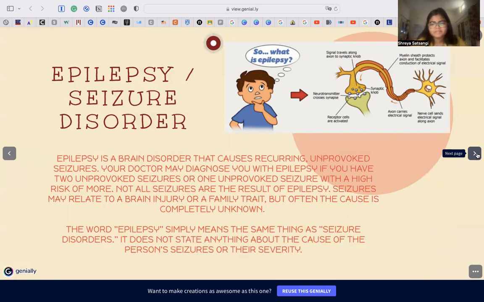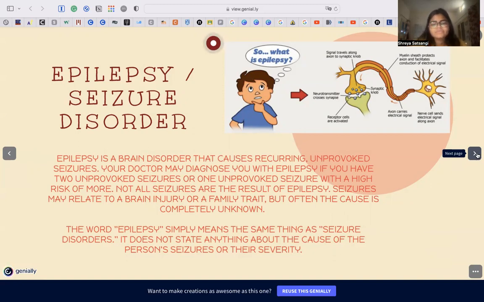Not all seizures are the result of epilepsy, but epilepsy still comes under the category of seizure disorders. Seizures may relate to a brain injury or a family trait, but often the cause is completely unknown. As I said earlier, brain research is very far behind body research.